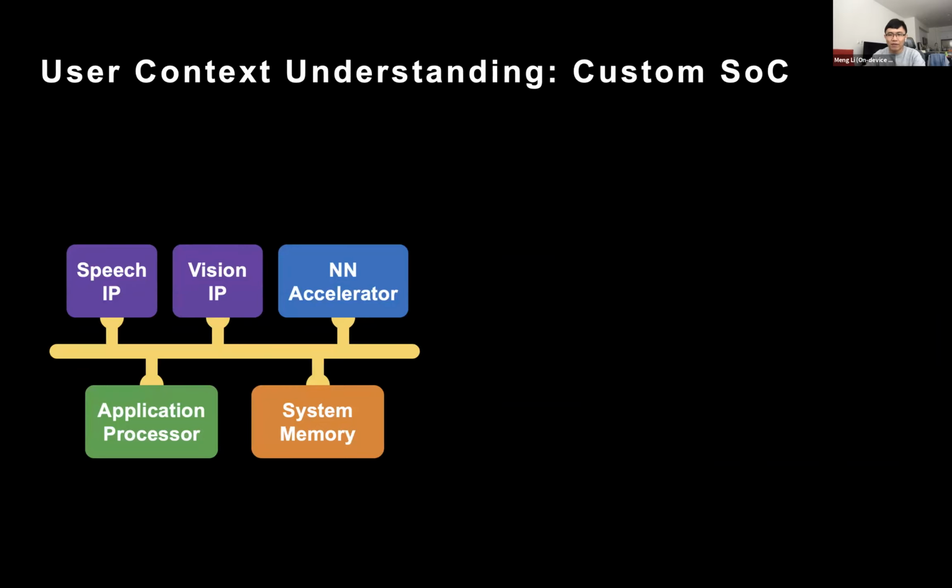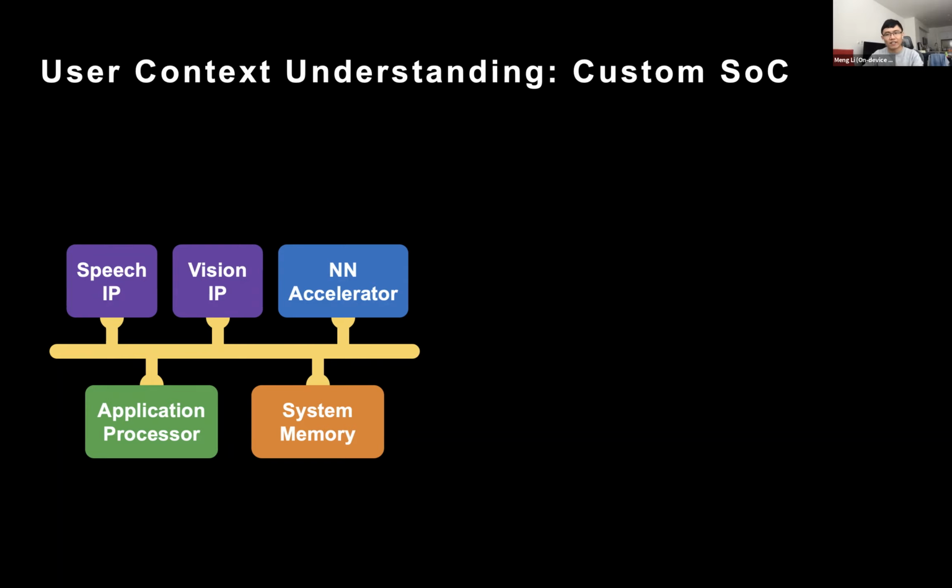So far, we have been focusing on algorithm level techniques that can help improve the model accuracy and efficiency. Now I want to switch gears a little bit to discuss the hardware side, basically what we can do on the hardware side to enable efficient on-device video understanding.